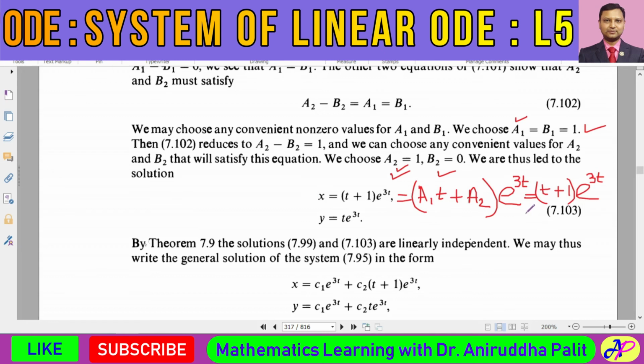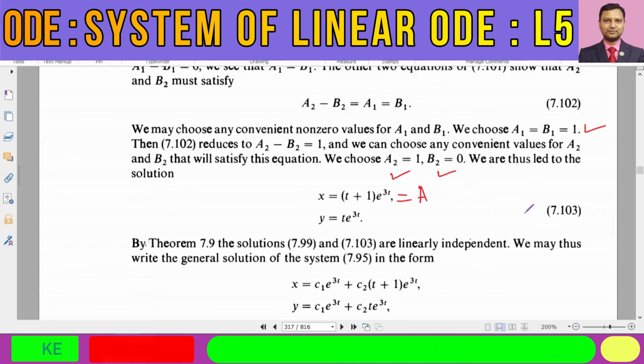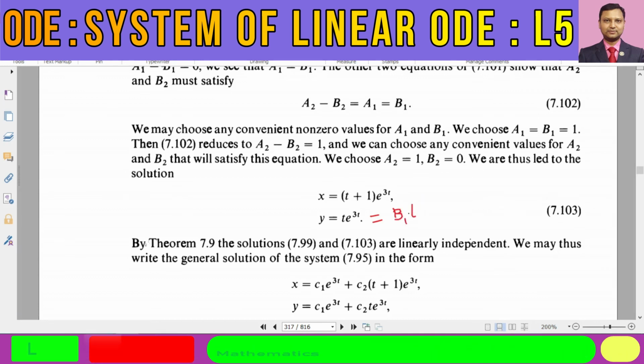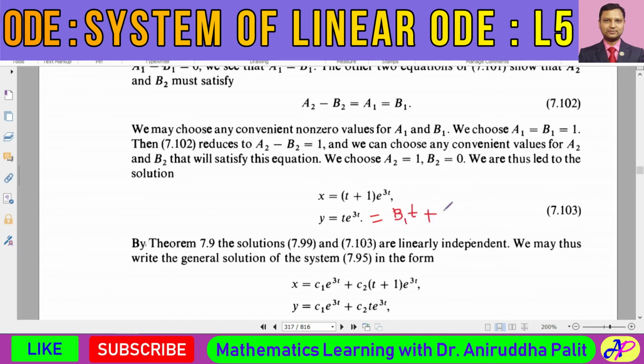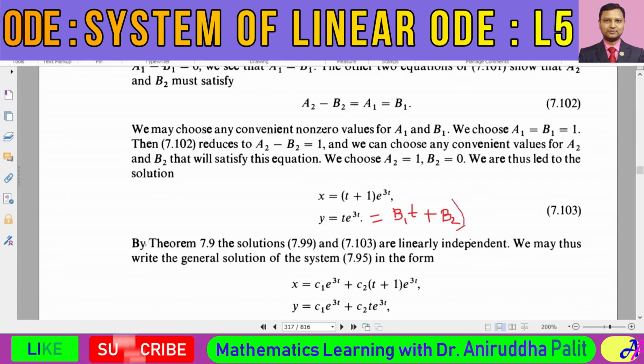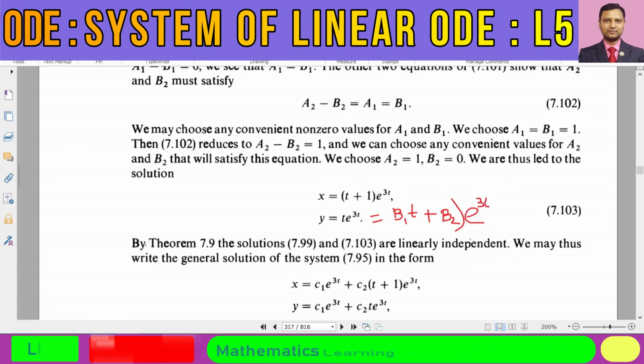Similarly, if we consider the values B1 and B2, what was y? y was equal to (B1 t plus B2) multiplied by e to the power of 3t.